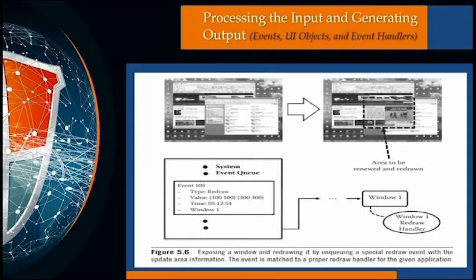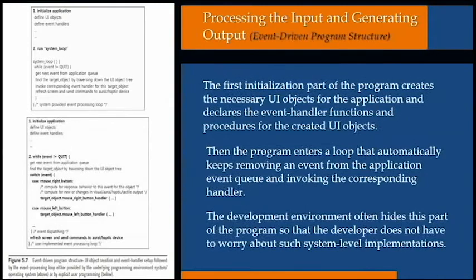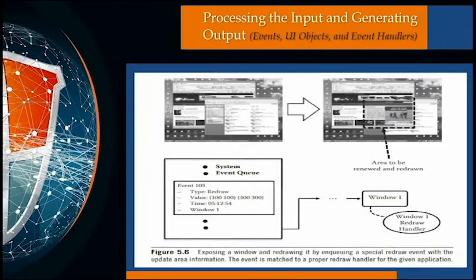And the event handlers are where the information or data is sent and processed. So that's how the input is processed and the output generated, for events, UI objects, and event handlers.